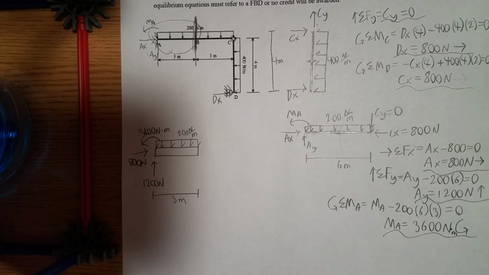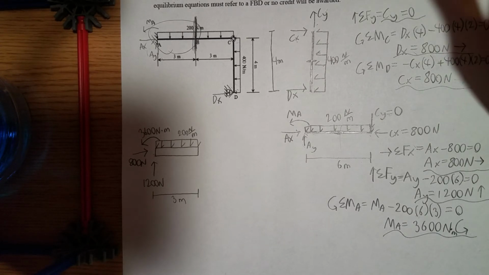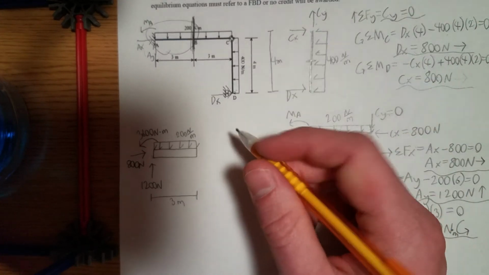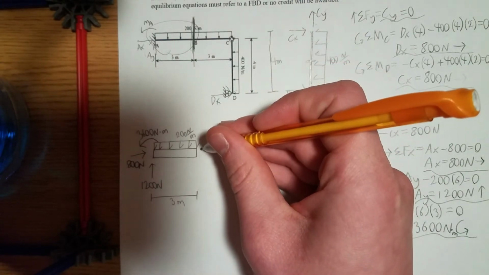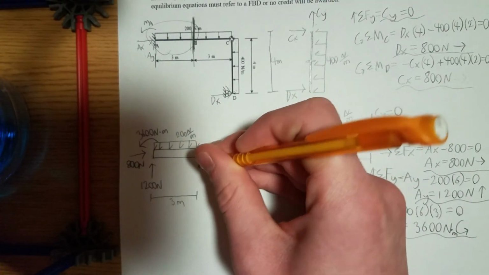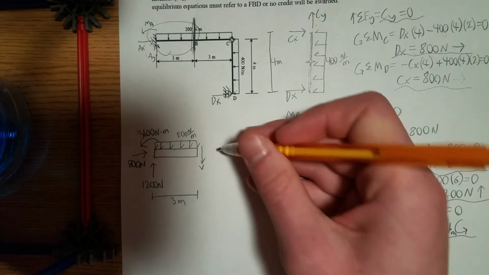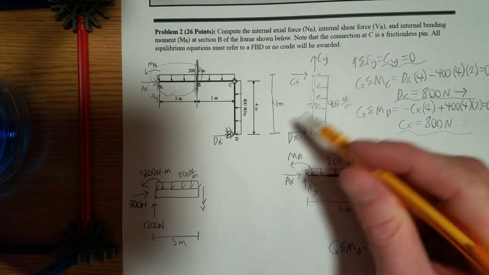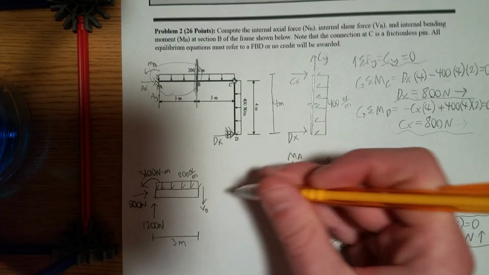Next thing is we need the internal forces at B, and this is where I can't stress enough, one of the most important things that you're going to need for internal forces is knowing the conventions of how things are drawn. So I'm going to draw them in as they are here. First, we've got the shear going down, V. VB is what they wanted us to label it, because it's at point B. So we'll label it VB.